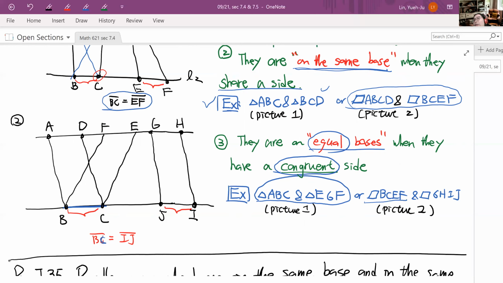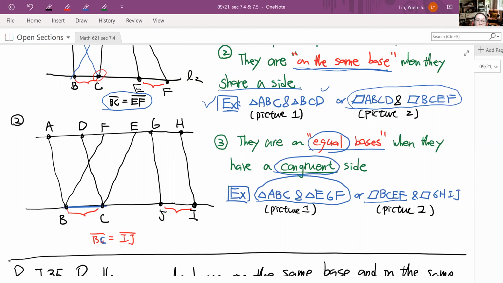They may lead to the same conclusion or property later on, but they mean different things. One means you really share a common side; the other just means that they have a congruent side. Congruent means the measurement is equal, but they're not necessarily exactly the same thing. So you want to distinguish these two definitions.